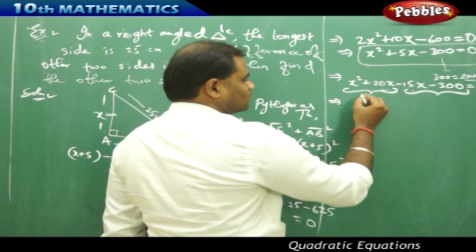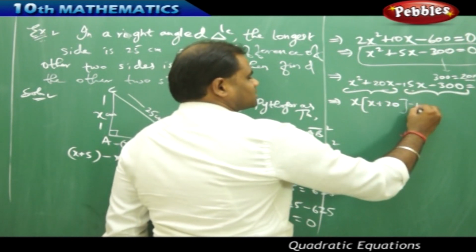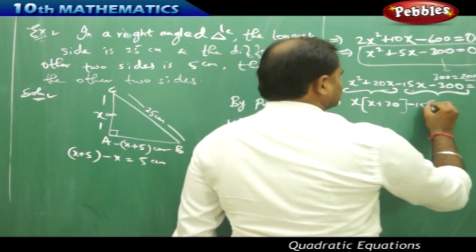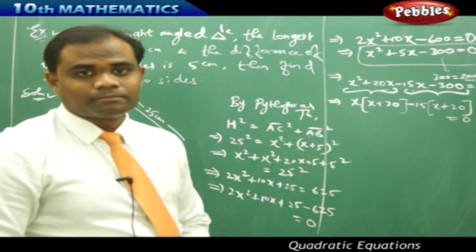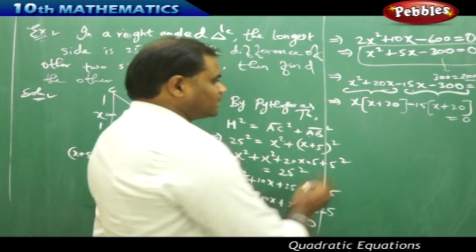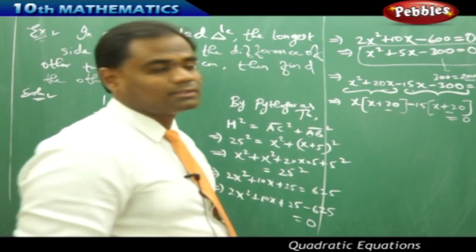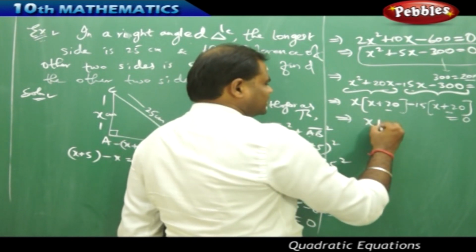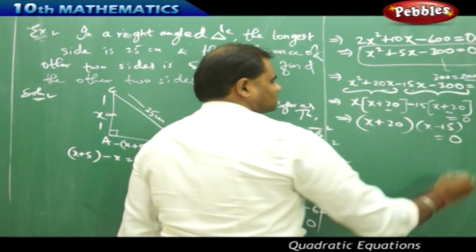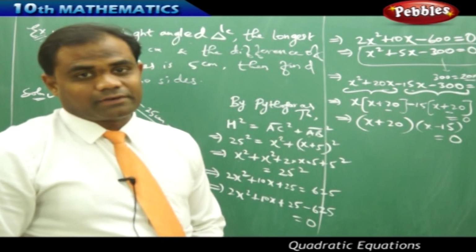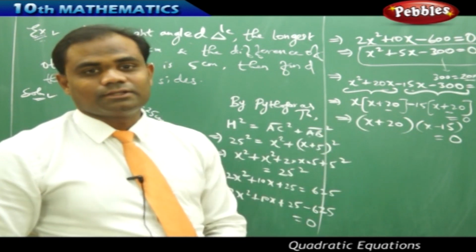The common thing here is x with x plus 20, and here it is negative 15 with x plus 20, equal to 0. So finally I take x plus 20 common, which is the common factor in the first term and the second term. Therefore I get x plus 20 times x minus 15 equals 0, is how I get the factorization done.